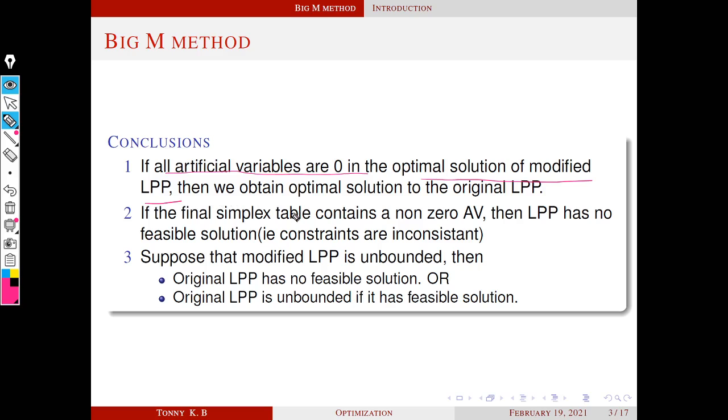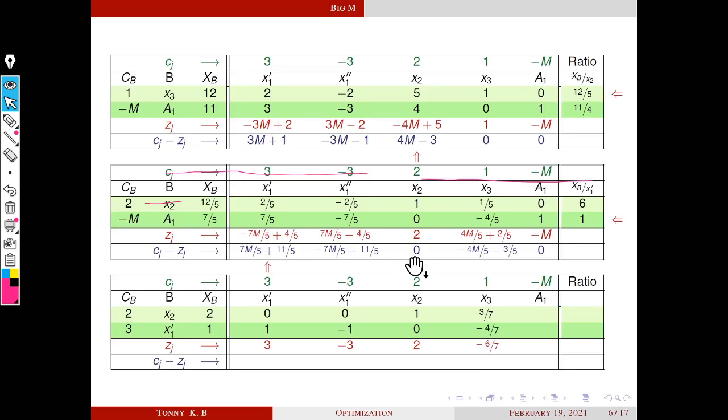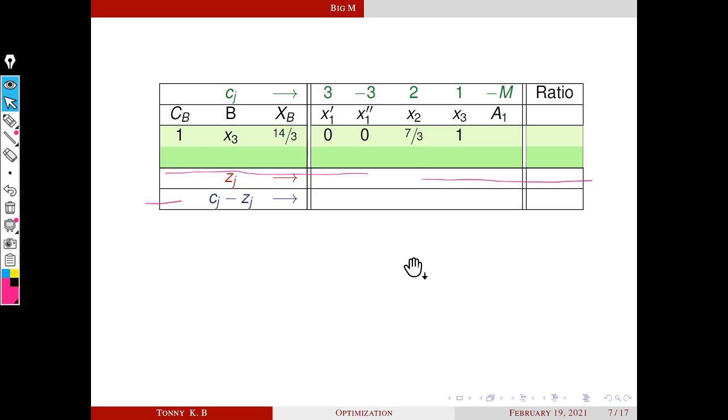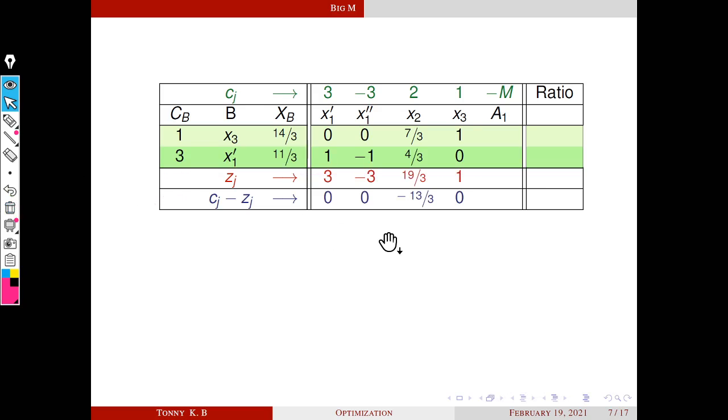Now we reach the optimum table of the modified LPP. And what about the value of the artificial variable in the optimum table? In this example, what is the value of the artificial variable in this optimum table? Or what is the state of the artificial variable?